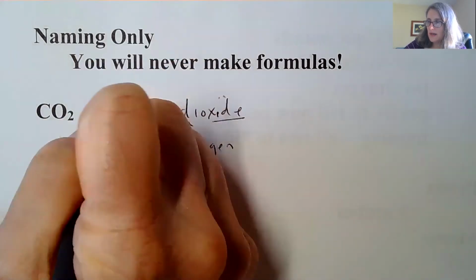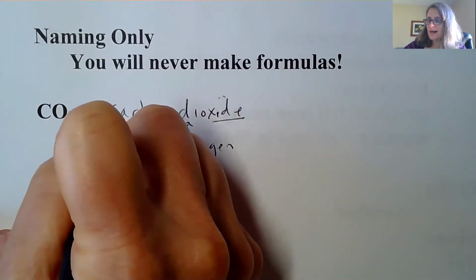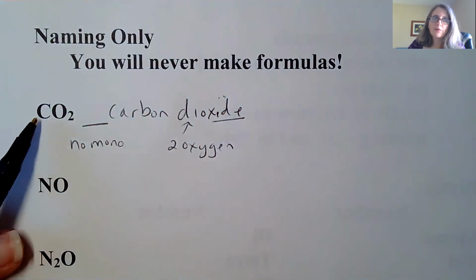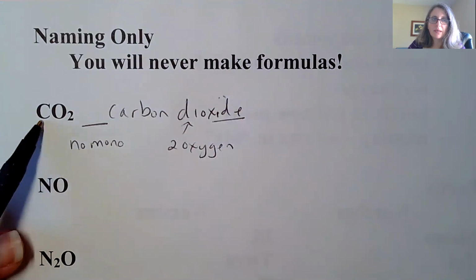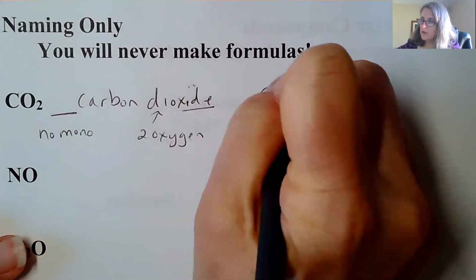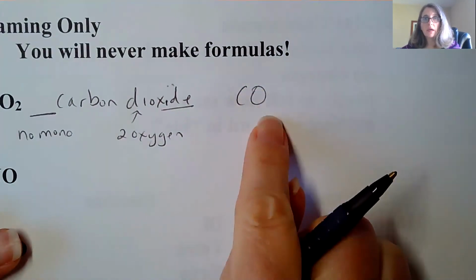Now, the weird thing about this is, because I only have 1 carbon, there is no mono in front of the carbon. So that's only for the first element itself. I'll show you this example here. The way to remember this is, another one, CO. And this is the dangerous one.